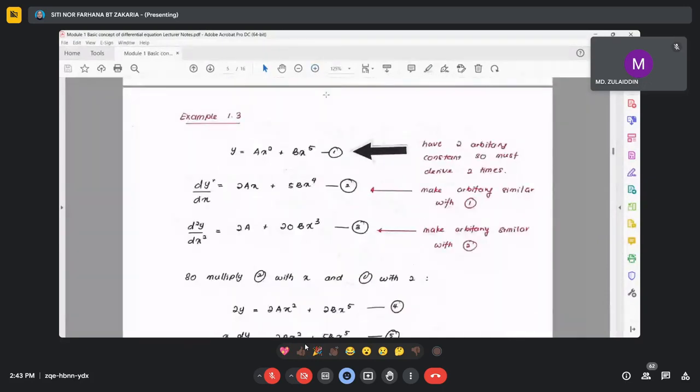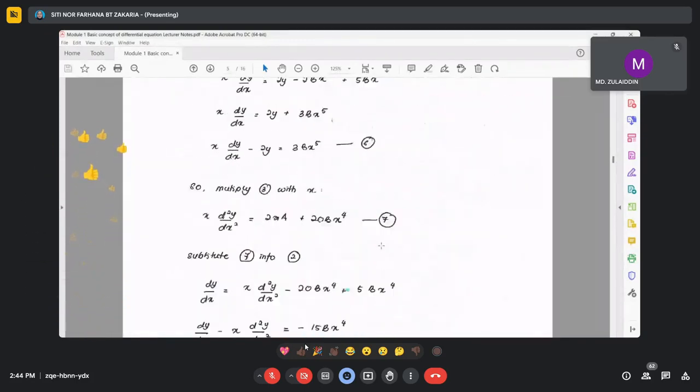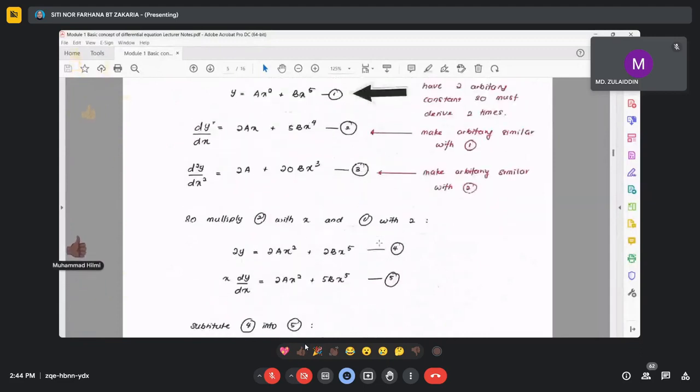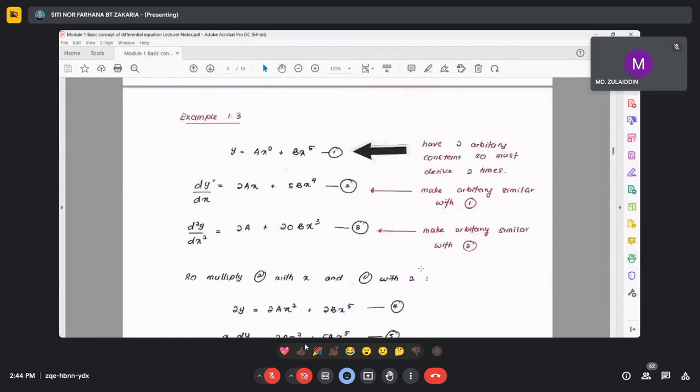Okay. Can you see my slide, my PDF? Boleh kan? Okay. Since dua kali pun you differentiate still have arbitrary constant, so you need to remove it by using substitution of equations into equations.